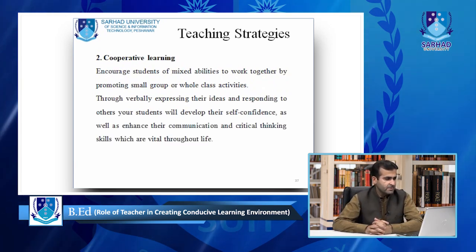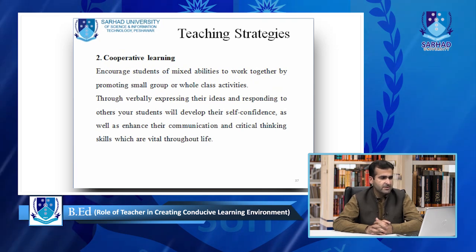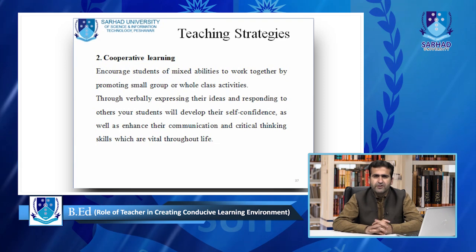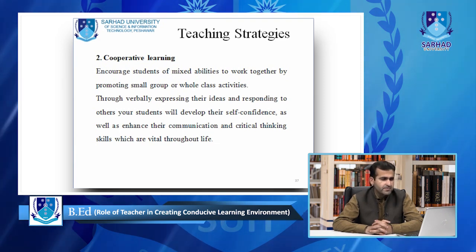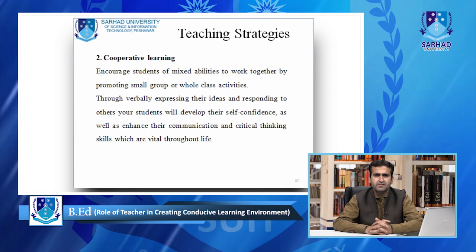Second, cooperative learning. Cooperative learning means that we need to encourage the students based on some mixed abilities.